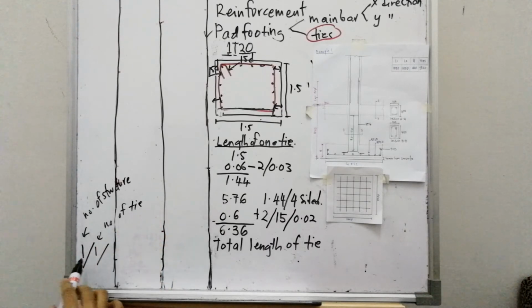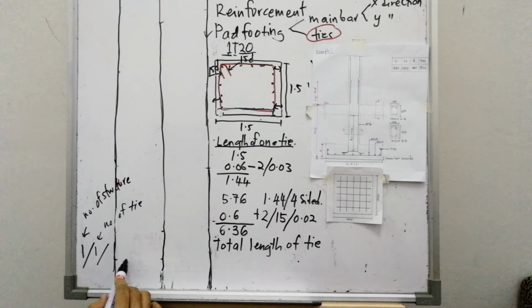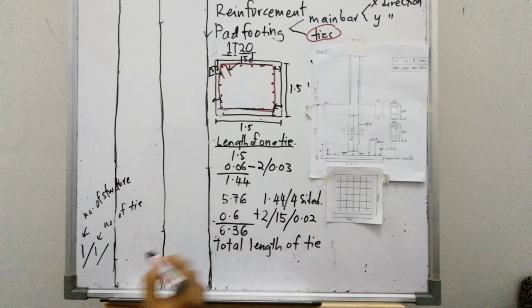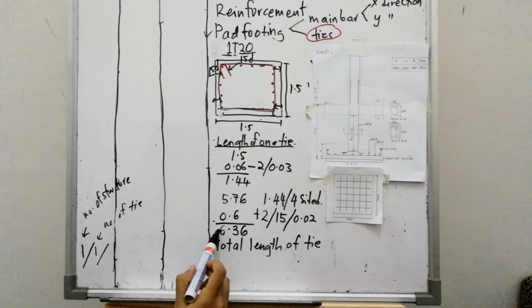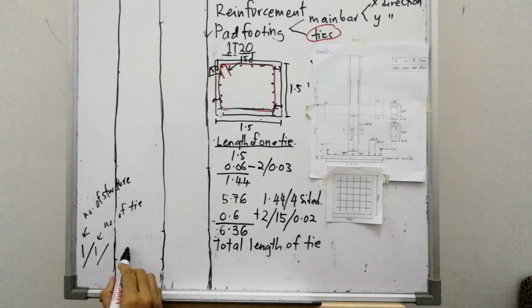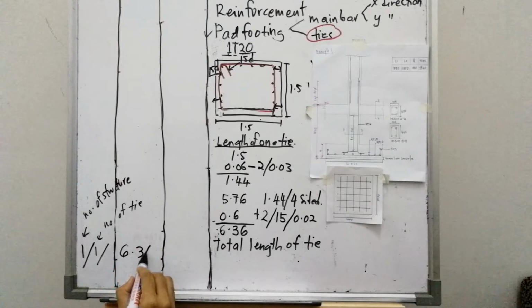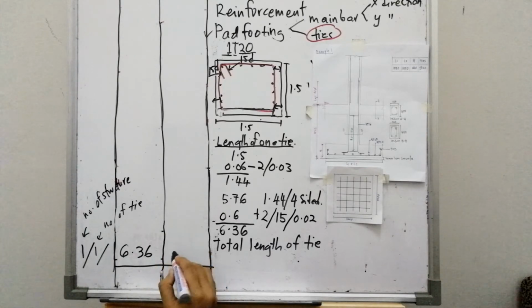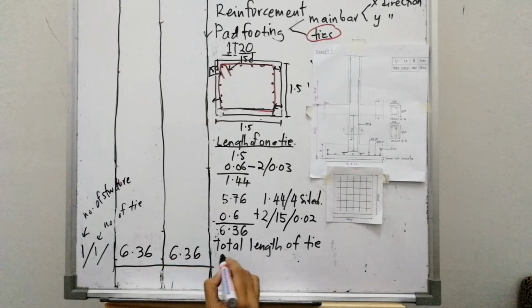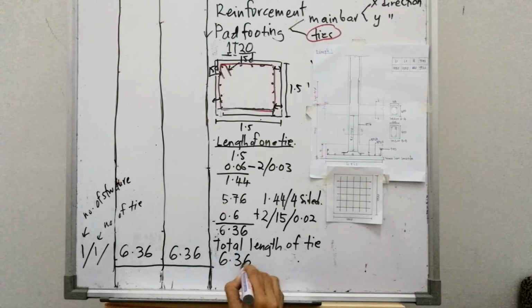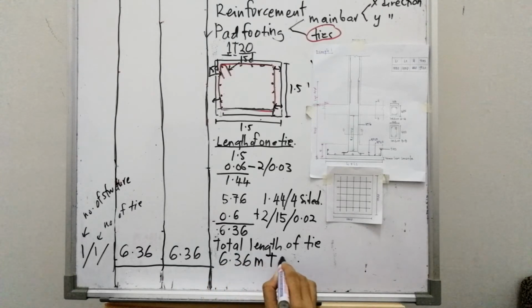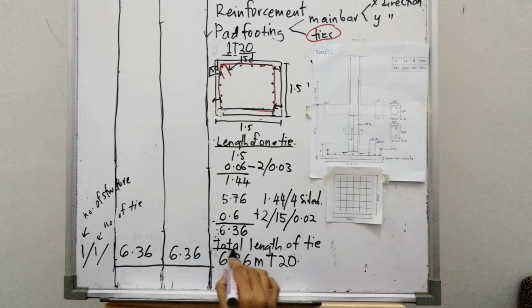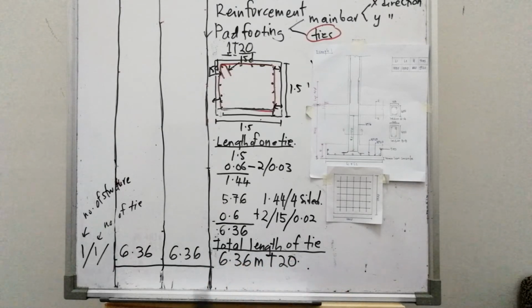And in the dimension column, we write the length of one tie, which is 6.36. Thus you can calculate the total length of tie, which is 6.36 meter, T20. So this is the total length of ties in this case.